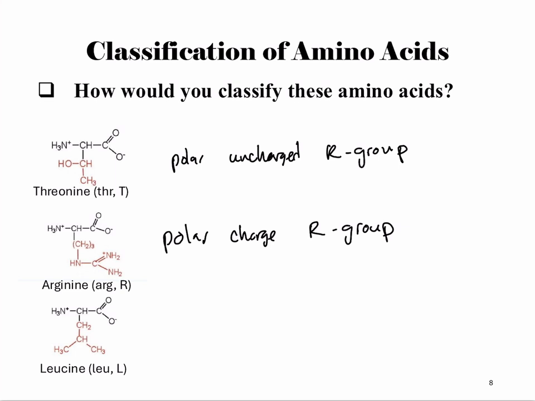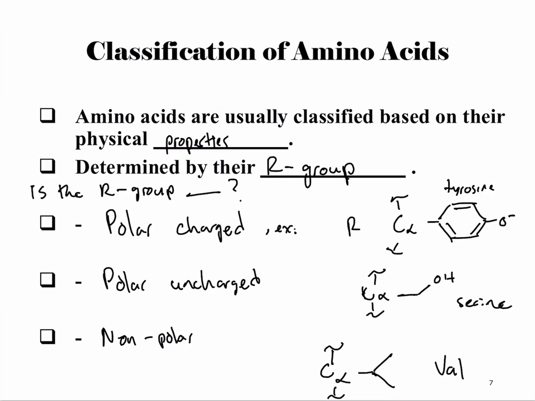And then we have leucine, which looks like valine, except we have one extra carbon. It basically looks like an isobutyl group on the amino acid. This will be a nonpolar R group. And I didn't write it there, but the nonpolar R groups you'll sometimes see separated into two groups.